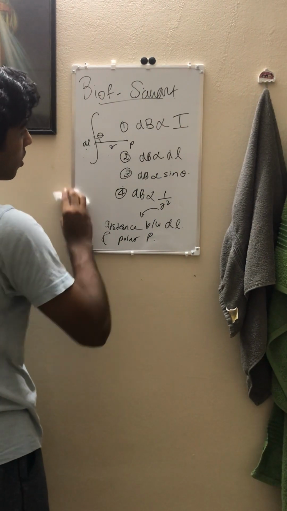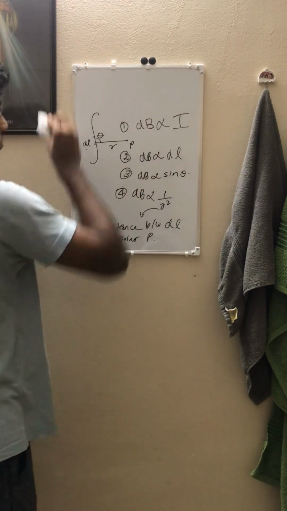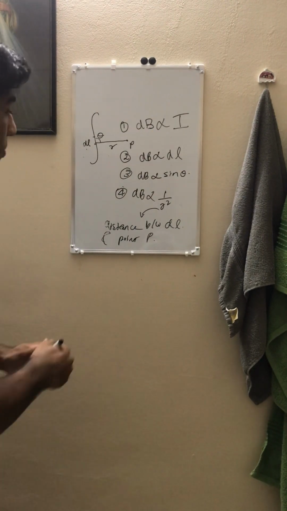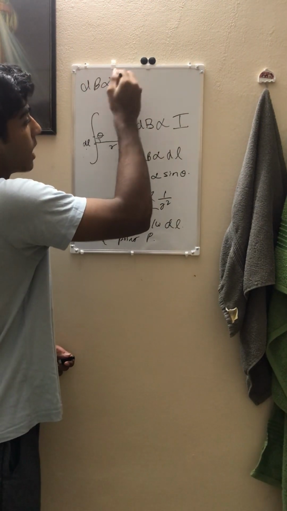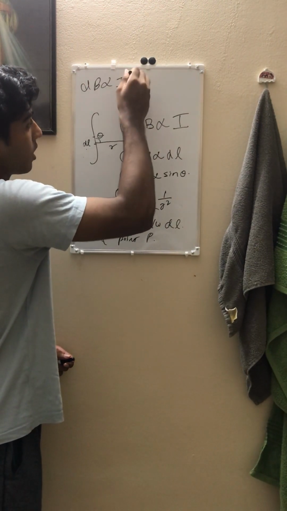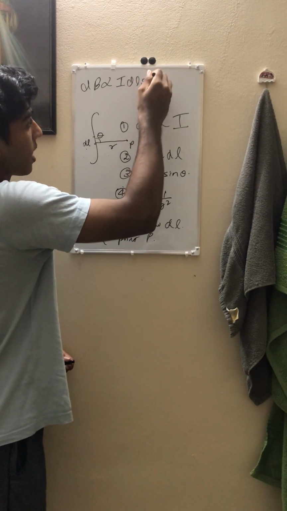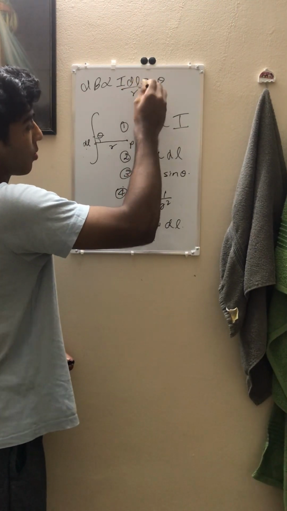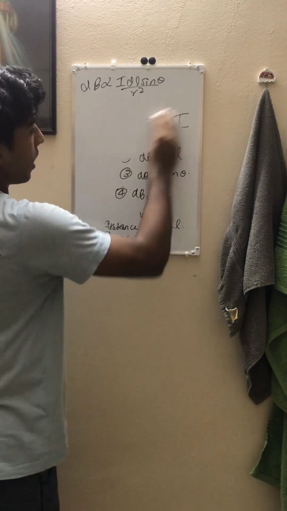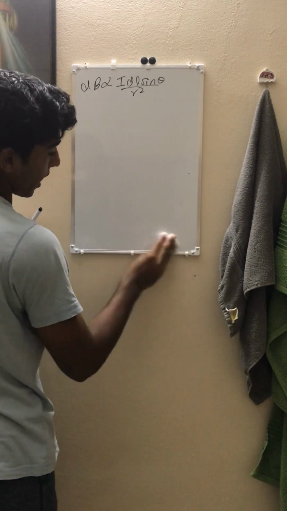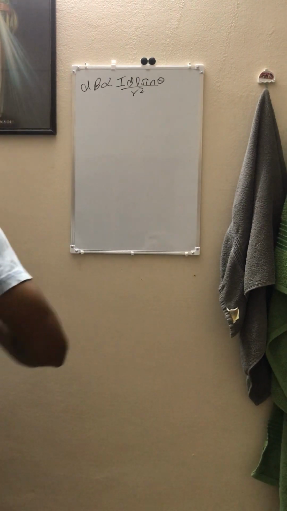So I'll just write it up. From all 1, 2, 3, 4, we can say that dB is directly proportional to I dl sine theta by r square. I'm going to replace that proportionality sign with a constant k.